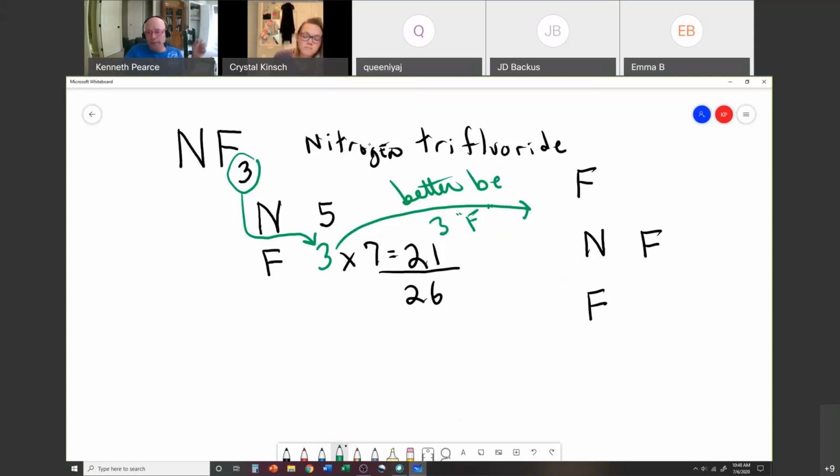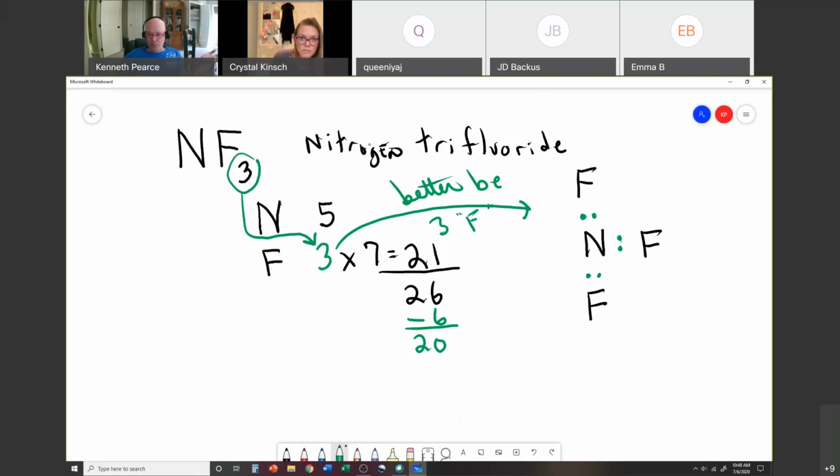Let's make a bond. A bond is 2 electrons. There's 1 bond. There's 2 bonds. There's 3 bonds. 3 times 2. How many did I put down? Put down 6, right? Minus 6 gives me 20. By the way, ladies, guys, don't skip steps.